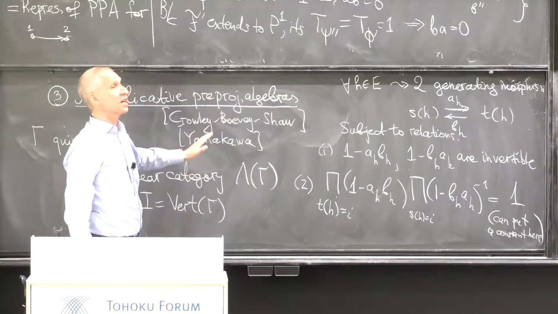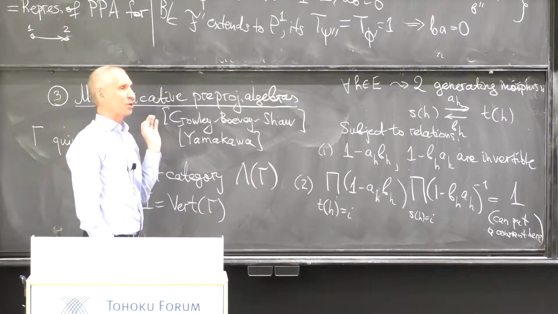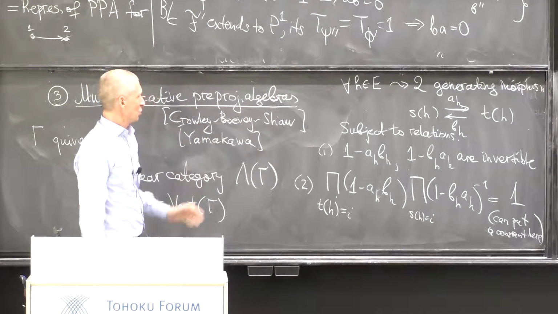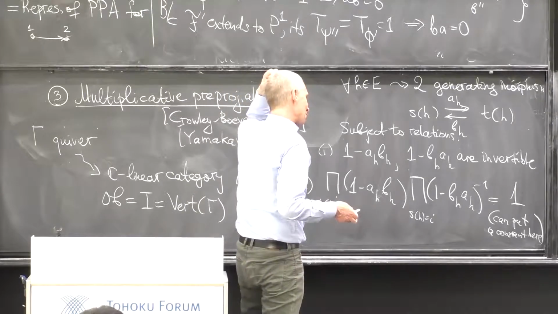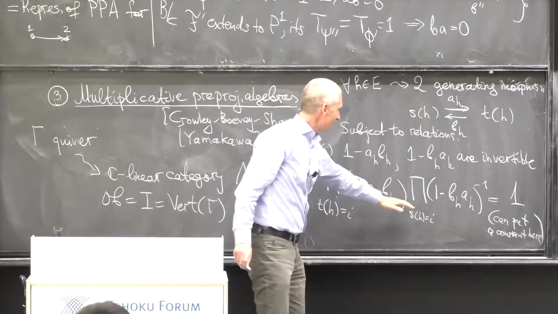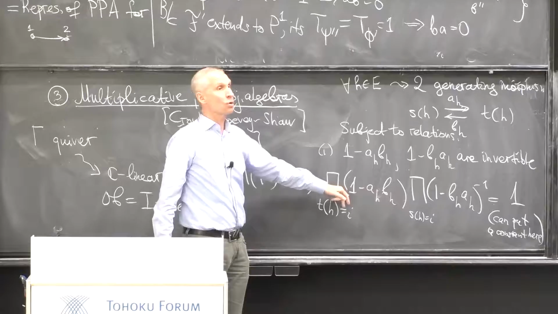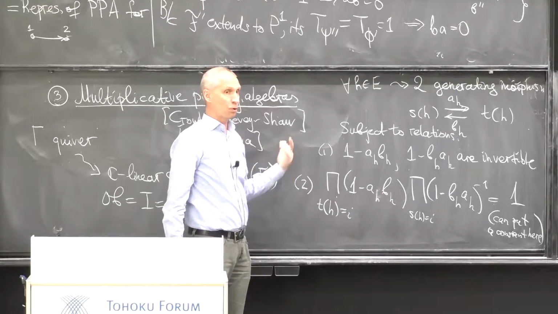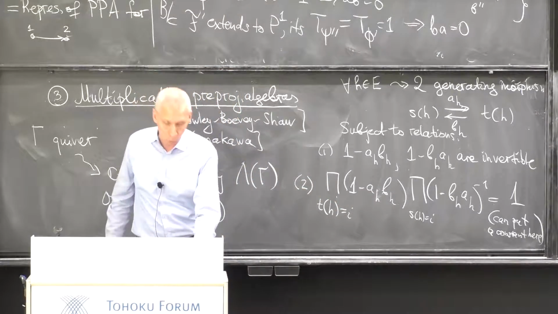No, so far I didn't say anything about that. I'm talking about the preprojective algebra. Right? So now there is one thing which I sort of didn't say yet. Those are non-commuting operators. So when I say product, I mean I multiply them in some order.